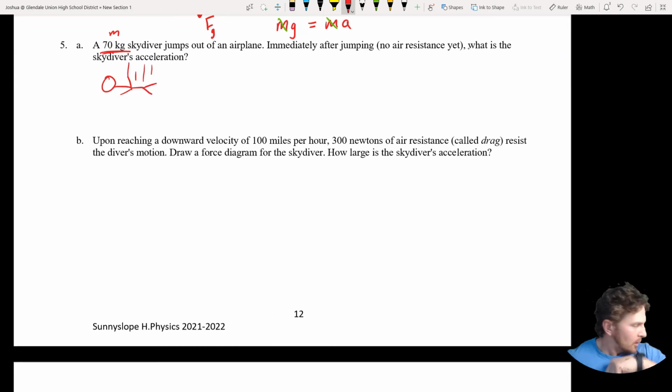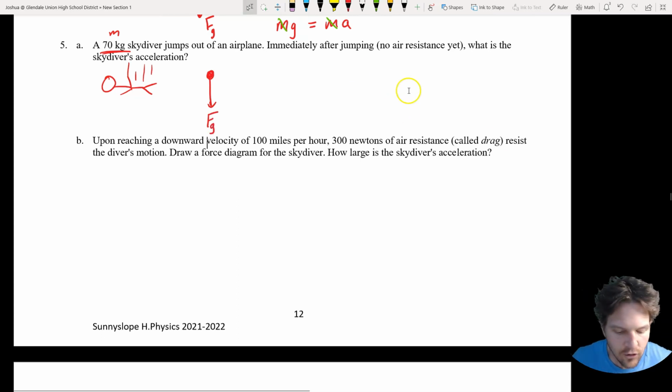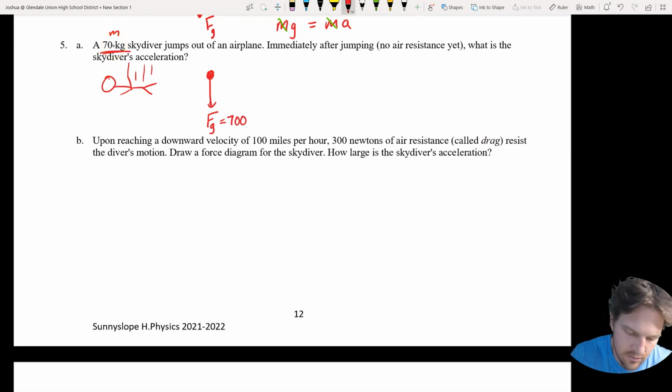There's no air resistance yet. They just stepped out of the airplane. So their force diagram would look just like that one we just drew. And if I know their mass of 70 kilograms, I know right away 70 times 10, that's 700 newtons.